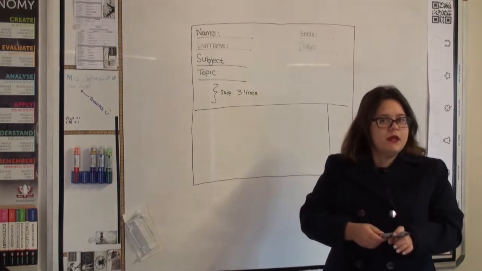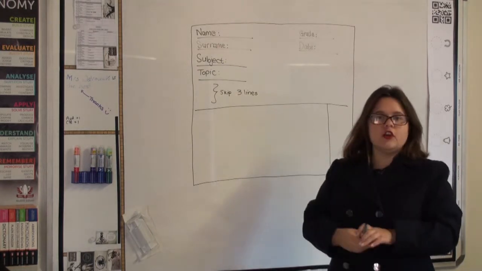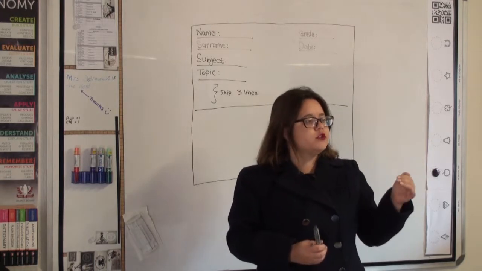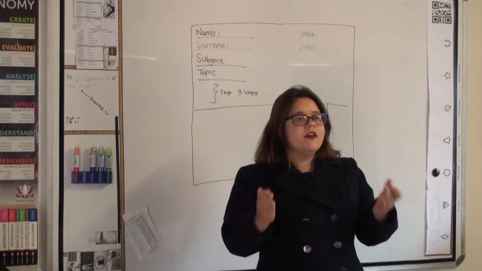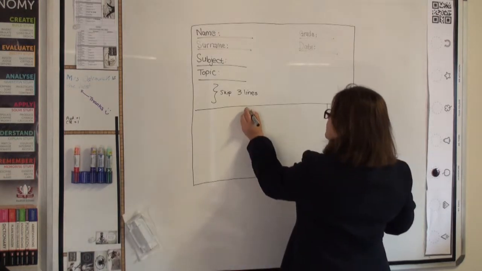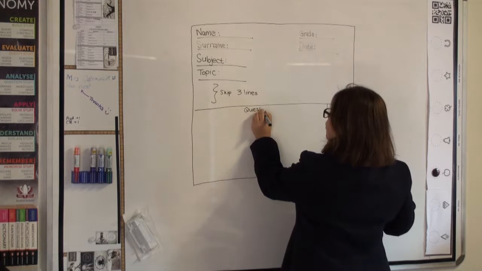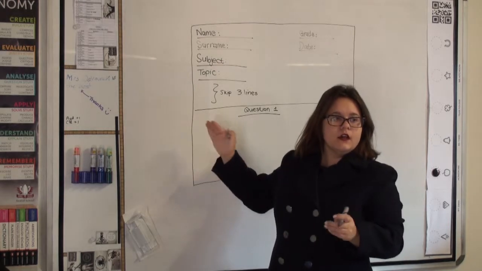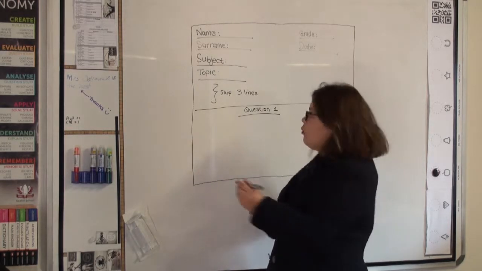Most exam papers have a question. So it will start off question 1, 1.1, 1.2, 1.3. If that is the case, then it should be question 1 in the middle, which you will underline, and then on the left hand side you will write 1.1.